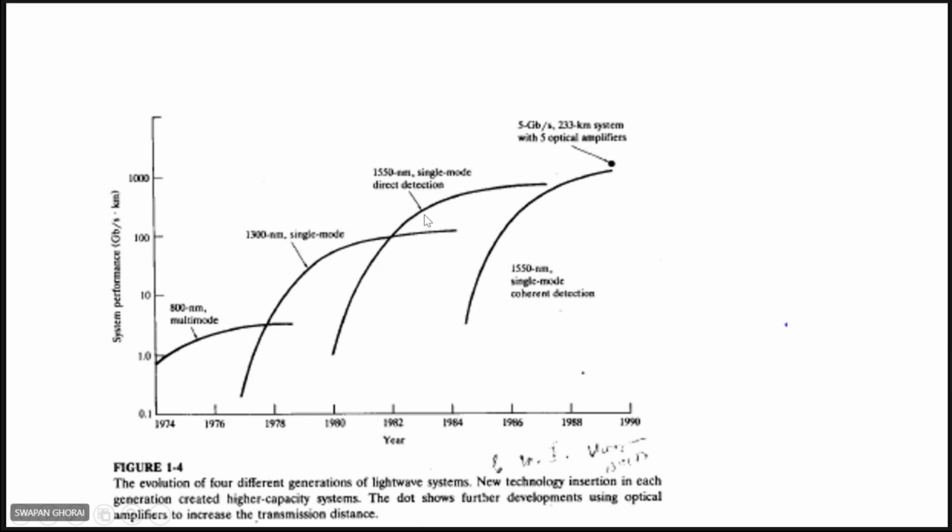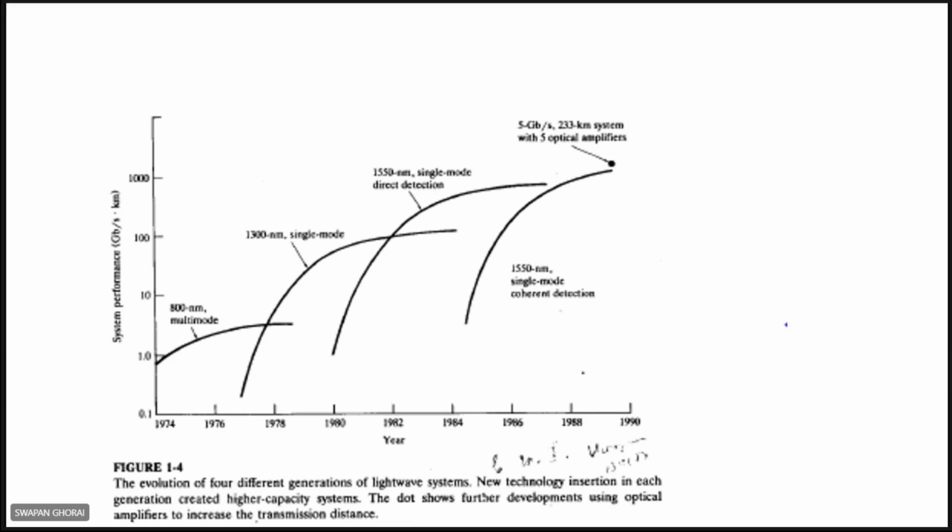Some dispersion effect will be there, but at this wavelength a particular dispersion can be compensated by another dispersion. In fact, dispersion limits the data rate, and attenuation limits the repeater spacing. If the attenuation is more, the number of repeaters will be more, and if the dispersion is less, then you can have a high data rate. We'll discuss these dispersions and attenuations in detail.